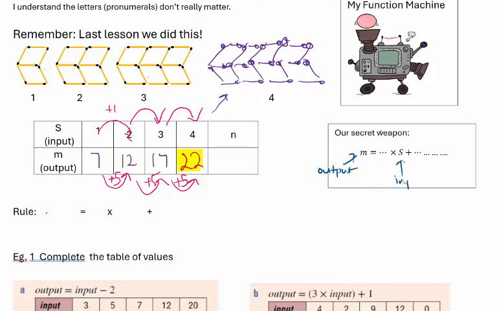This is going to be my input. So this is the shape. This is the number of matches. This is what I have to add to make the next one. And this is the number I have to add to make it work.